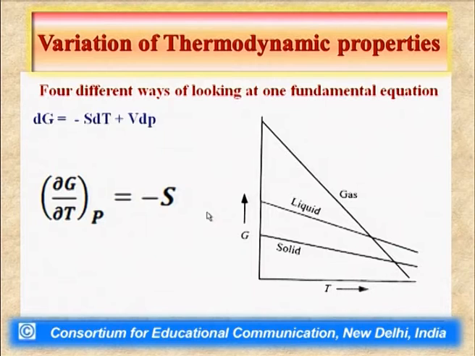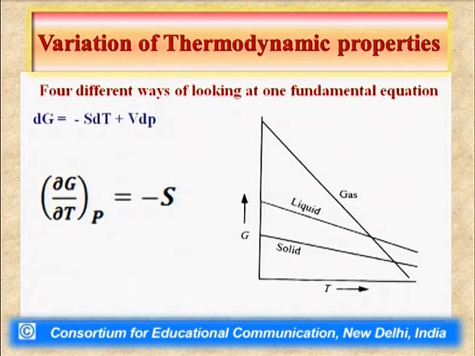So, under constant pressure condition, the Gibbs free energy of the system will decrease with increase in temperature, and the decrease will be more for such a substance for which entropy has the greatest value.